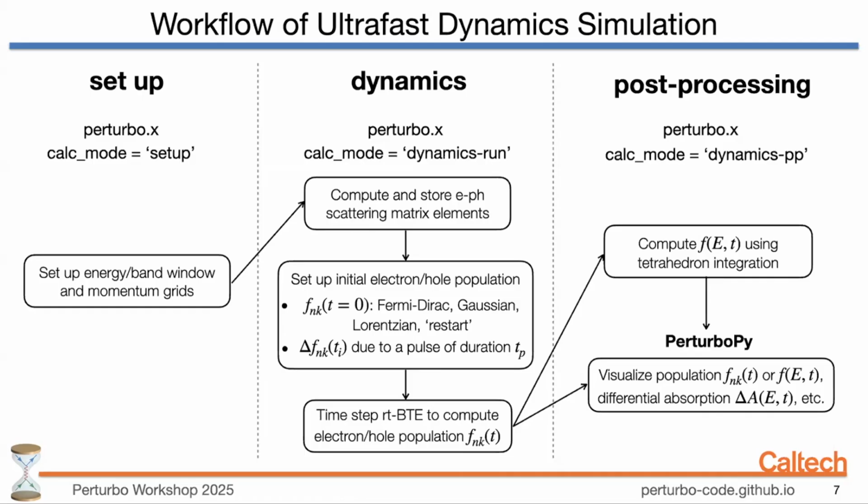You can do a one-snapshot initial condition at t equals 0, so I'm looking at f_nk at t equals 0 here. You can set it up as a Fermi-Dirac distribution at a certain temperature, or a Gaussian or Lorentzian pulse, or you can set it up as restart, which will pick up the output from the previous dynamics run and simulate from the last time snapshot. So you can break your simulations into multiple ranges so that you don't have to submit very expensive calculations.